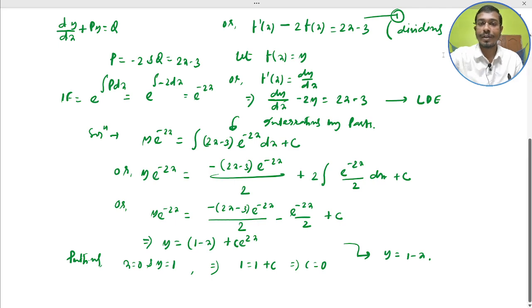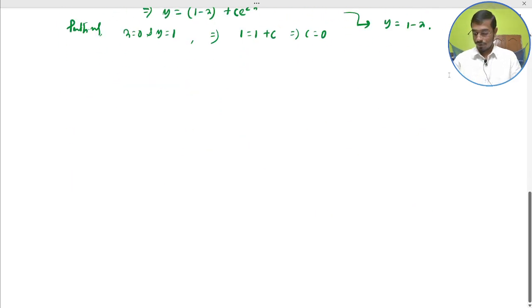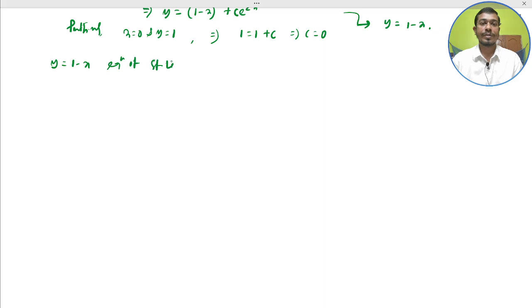This is the equation of a straight line, which passes through the point (2, minus 1).